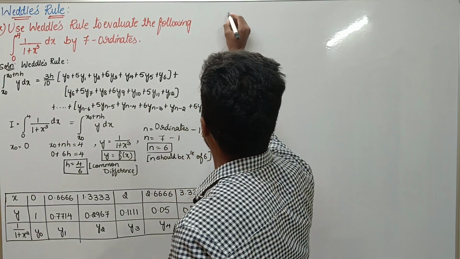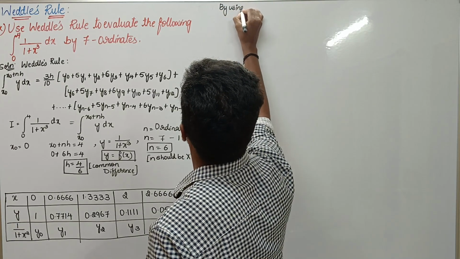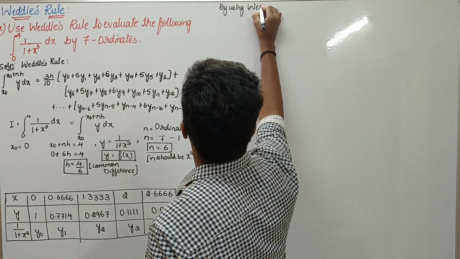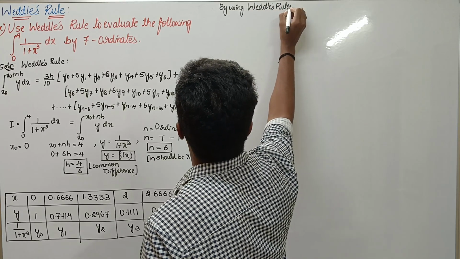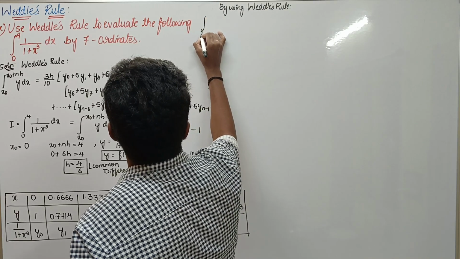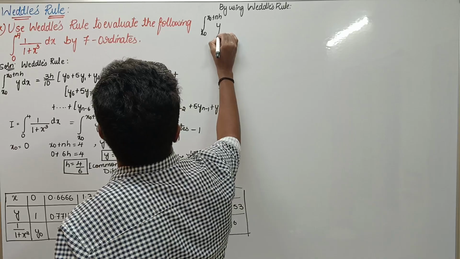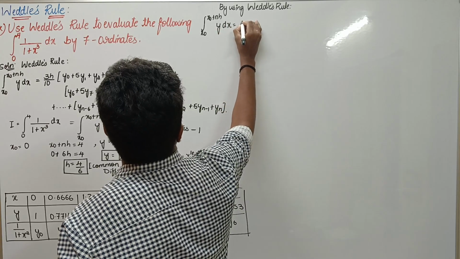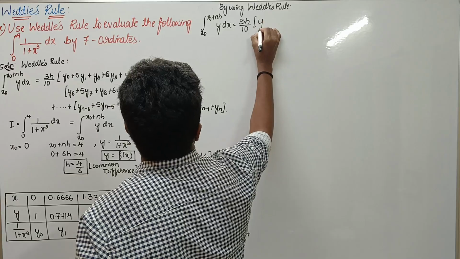Okay, using Weddle's rule, we have the integral from x0 to x0 plus n into h of y dx, which is equal to 3h by 10 into y0.